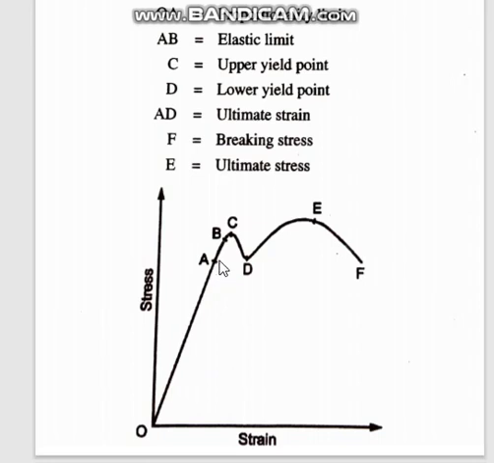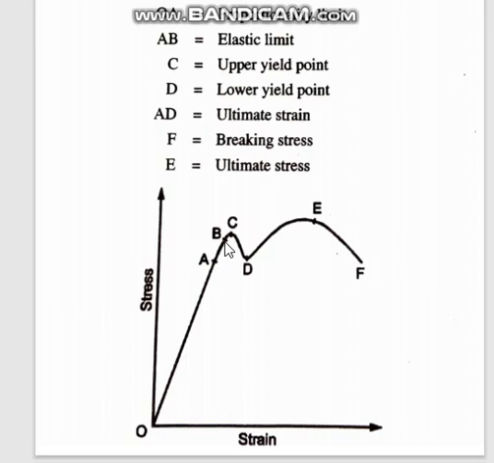Okay, now after point A is reached, further you are increasing the load, that is stress is increasing, but this takes a little curve here up to B. And this B is called the elastic limit. B is the elastic limit. See, what is elastic limit? Elastic limit means, at that place, if you release the load, it will come back to its original shape and size.